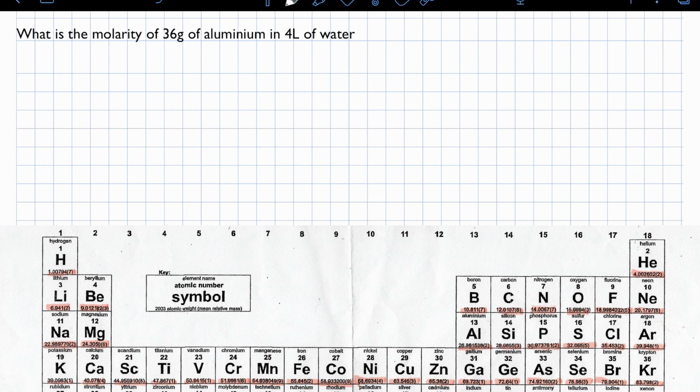So, on to your fifth question. What is the molarity of 36 grams of aluminium in 4 liters of water? If you remember, molarity is moles over the volume, and that's in liters.